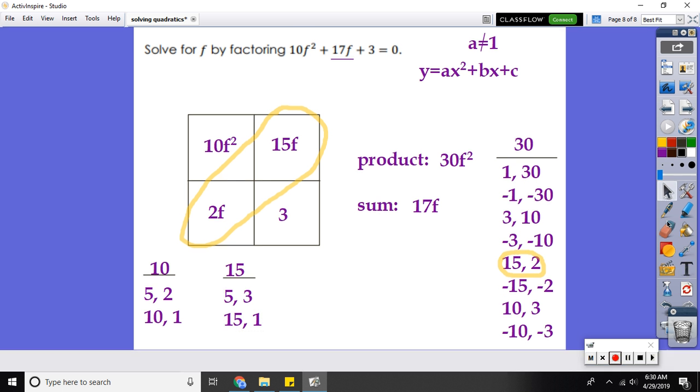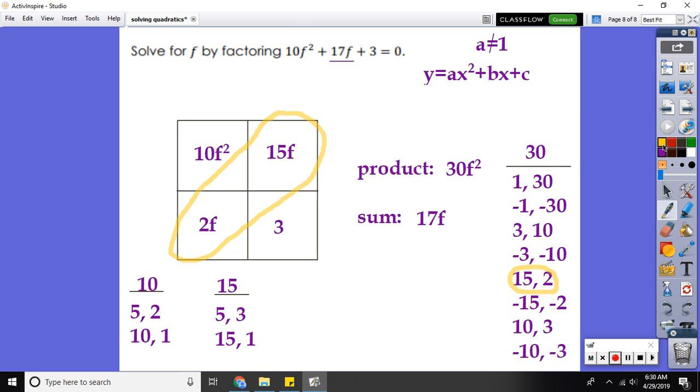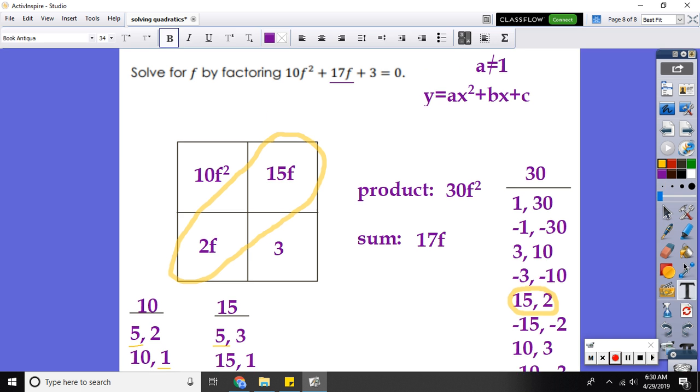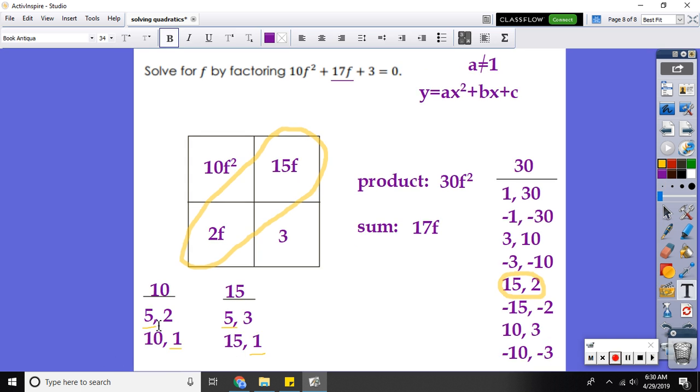And when I look at my list, I notice that they each have a 5 as a common factor and a 1. Even though there are two common factors, I want the greatest common factor, which would be 5. So across this top row, my GCF is 5F.